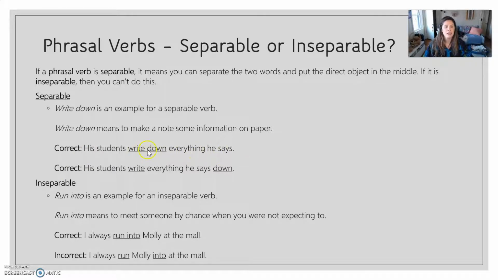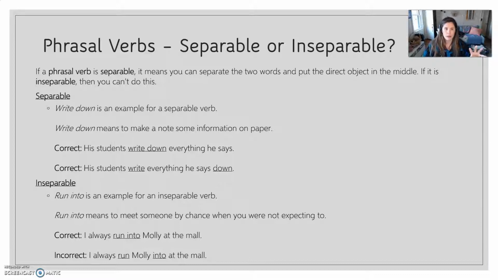In this case, the verb is not separated, okay? So you can see that the object, what this verb is about, is everything. That's the direct object of this verb, okay? So that comes after. Because it's a separable verb, you can also squeeze that in between the phrasal verb. So it's also correct to say his students write everything he says down, okay?